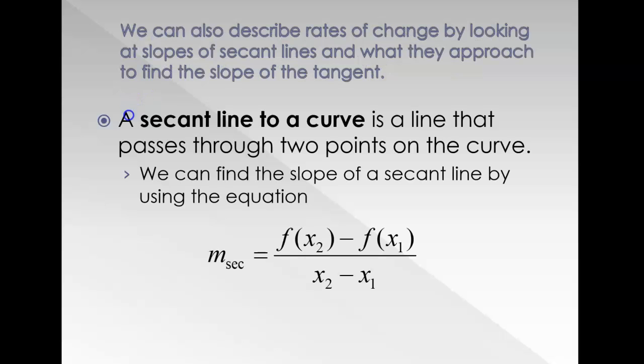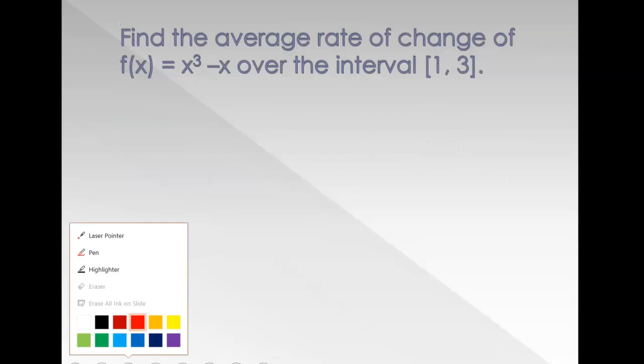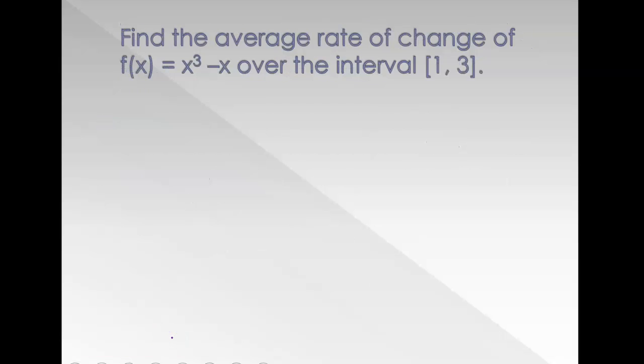So what you would do to find that average rate of change is take f of 3 minus f of 1 all over 3 minus 1. That's the change in the function over the length of the interval.